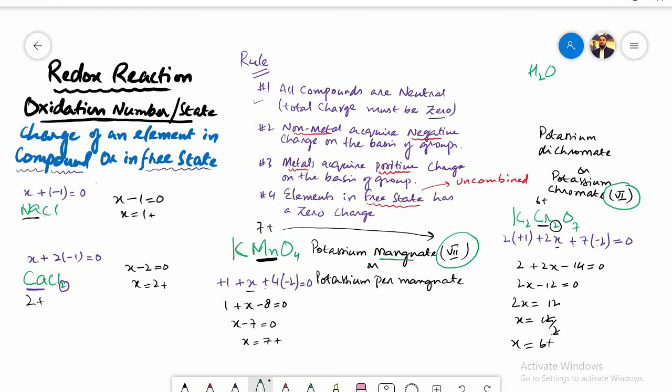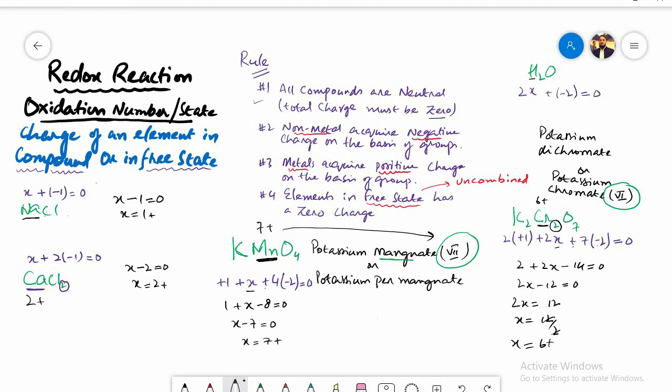Just consider that 2 times hydrogen and 1 oxygen combine to give H2O. We need to calculate the oxidation state of hydrogen in this compound. So we can say that 2 times the oxidation state of hydrogen, which is not known, so it is x, plus the oxidation state of oxygen, that is, so far we know, is minus 2.